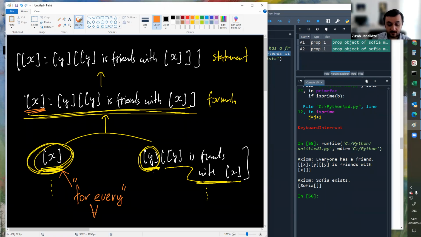For every X, we are saying we can find Y, and so this would be "there exists". And the mathematical symbol for that is this. But now we don't have to worry about the symbols in Sophia, because we can detect whether something is "for every" or "there exists", depending on whether the variable appears on the left of the colon for the first time or on the right. So Sophia is a more simplified formalism than the usual mathematical one.